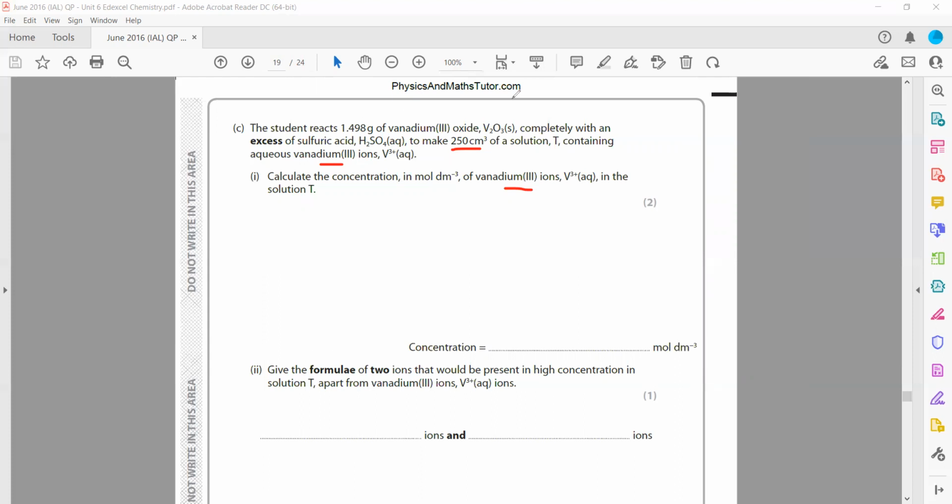First we'll find the moles of vanadium(III) oxide. What ions will it decompose into? It will decompose into two vanadium ions and three oxide ions. So first we'll get the moles of vanadium(III) oxide, and then we'll use a ratio to get the moles of vanadium, and moles divided by volume will get the concentration.